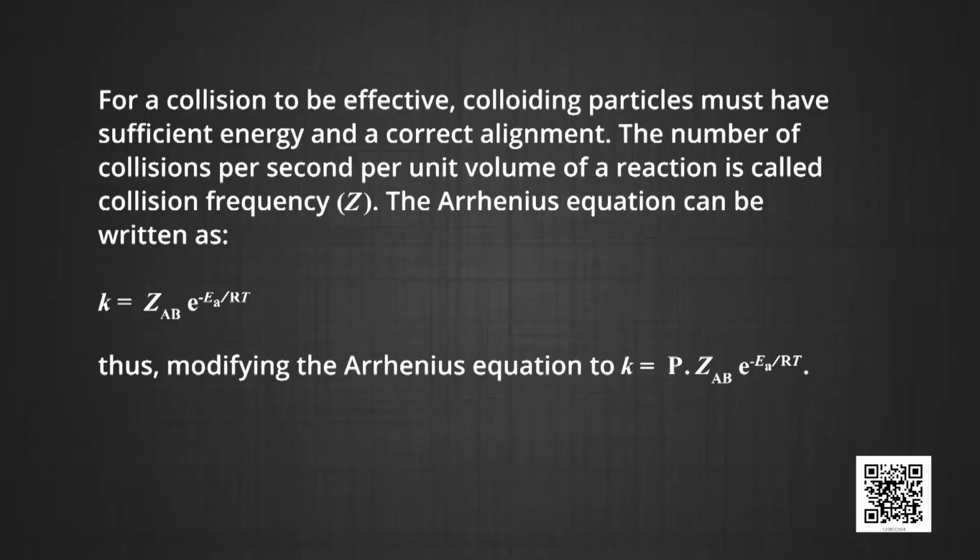According to collision theory, another factor, capital P, called steric factor, which refers to the orientation of the molecules which collide, is important and it contributes to the effective collisions, thus modifying the Arrhenius equation as k = P Z_AB e^(-Ea/RT).